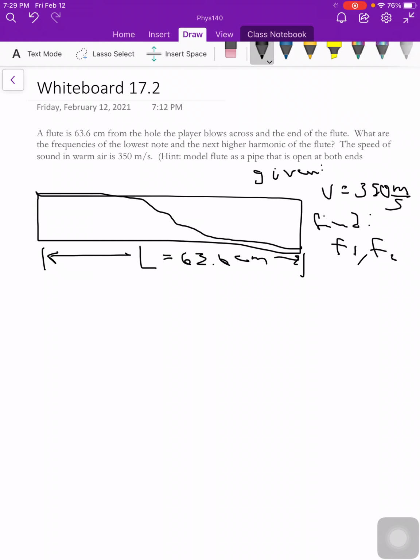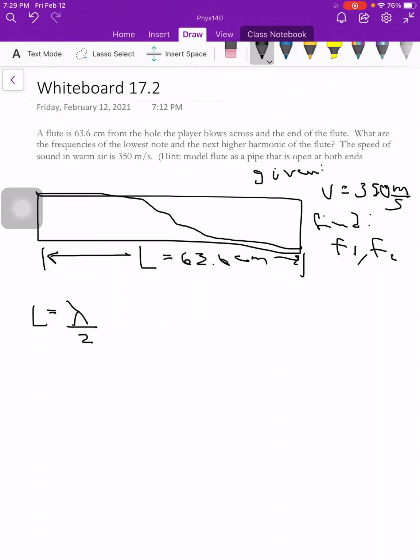Okay, so if we look here at our wave, let's say that L is equal to lambda over 2, right?